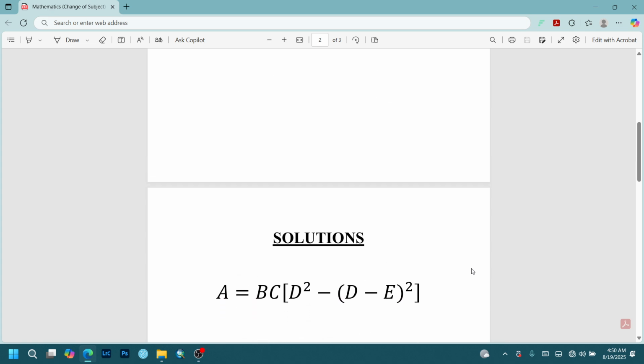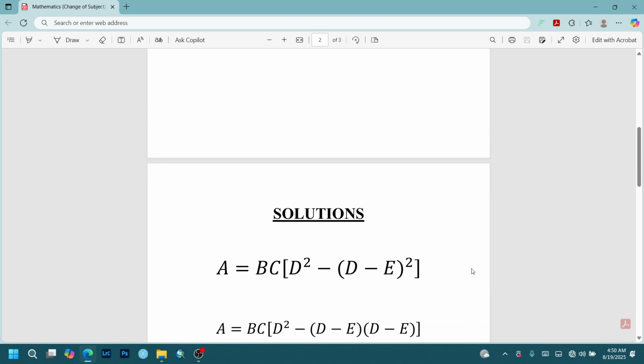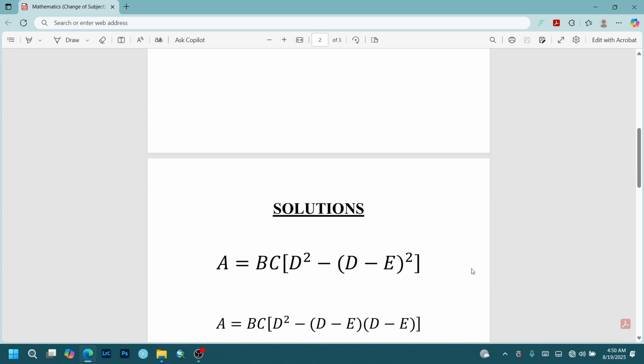Based upon the preamble of our question, we have our equation to be A equals BC multiplied, in brackets, D square minus D minus E square.